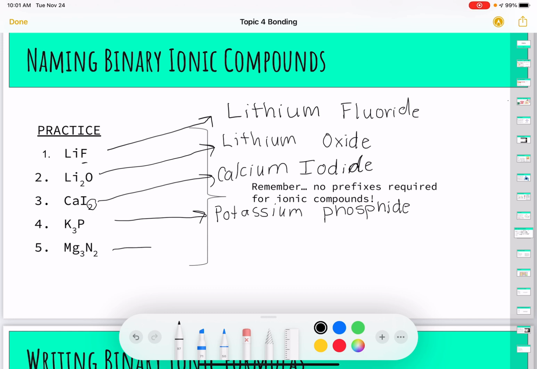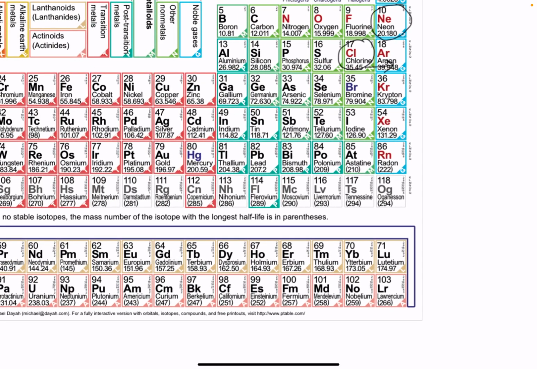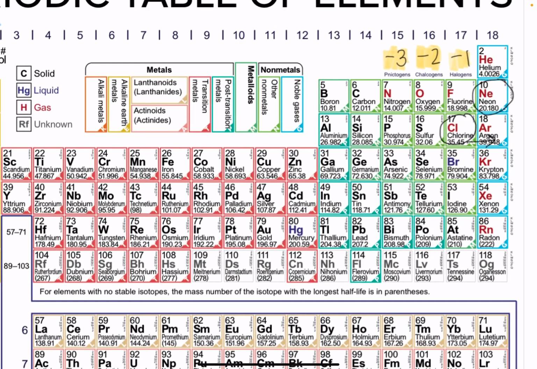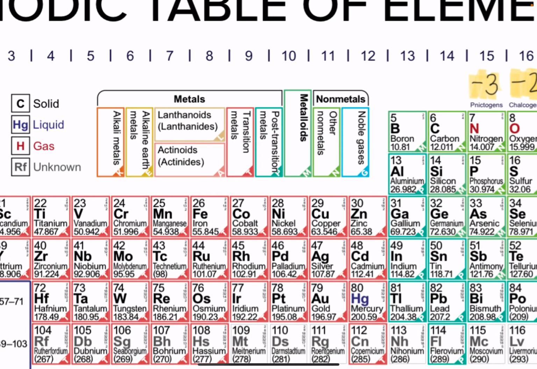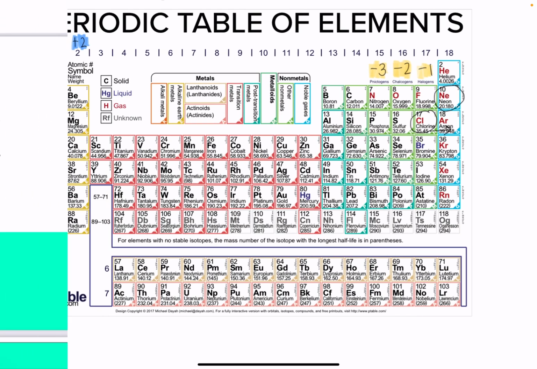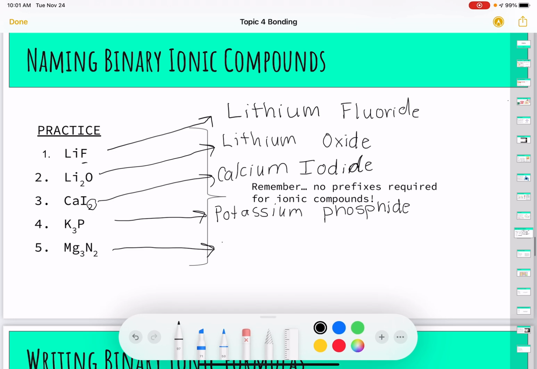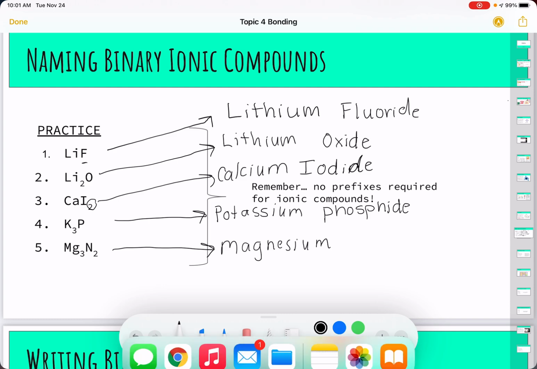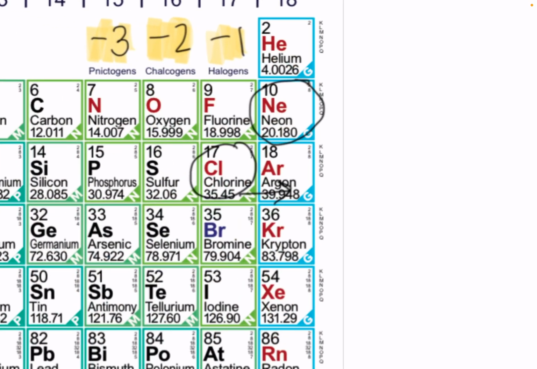Potassium phosphide. Then the last one here, MgN. We've got to look up what Mg is. Mg is on the left-hand side of the periodic table. Mg is number 12, and that's magnesium. And then N, if we look that up, that's on the right-hand side, and it's number 7.